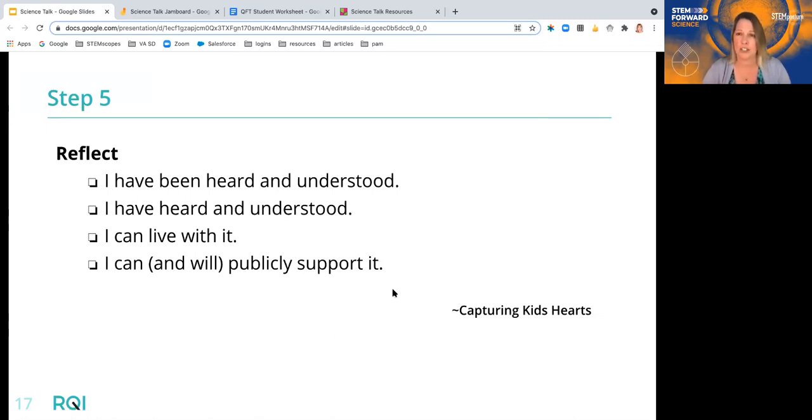Have they heard and understood, meaning they've also had an opportunity to listen? And they can live with it. They've had that respectful discourse, whether with an agreement or disagreement, but they can live with it. And would they be able to support that publicly? Whereas this is not necessarily the only way you could reflect on that, this is certainly one piece.